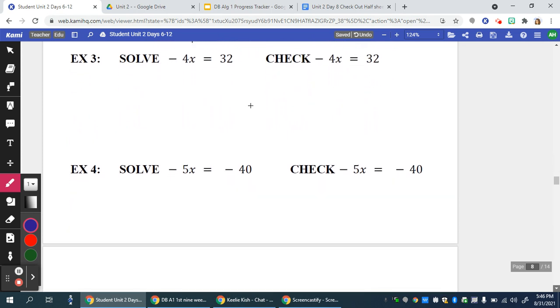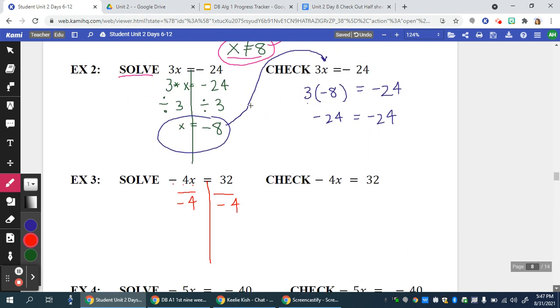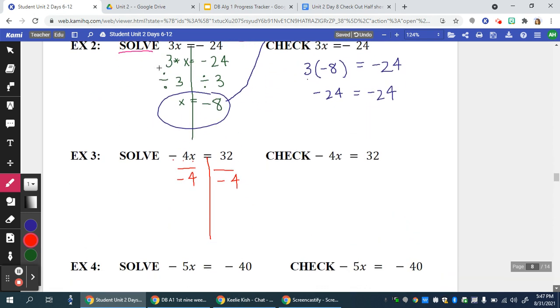All right, example 3. Let's use red this time. So again, this is multiplication, negative 4 times x. So I can do the inverse, which is division. This time I use just a line up here, rather than this division sign.